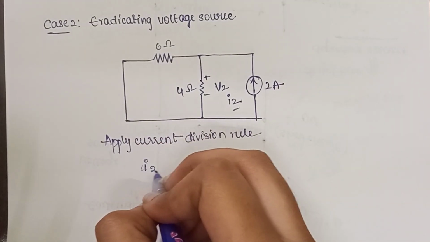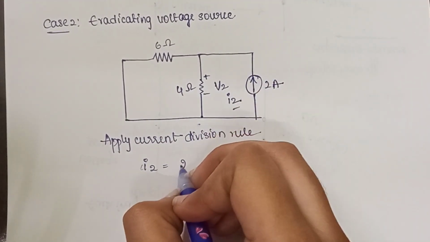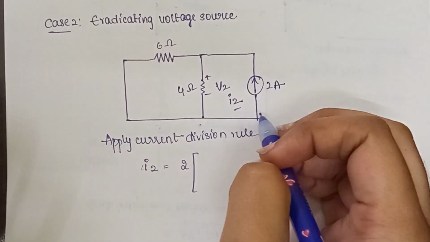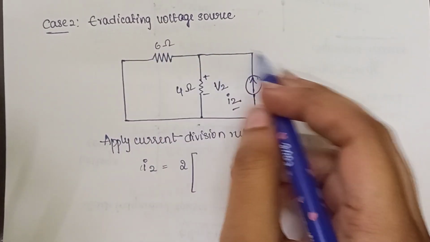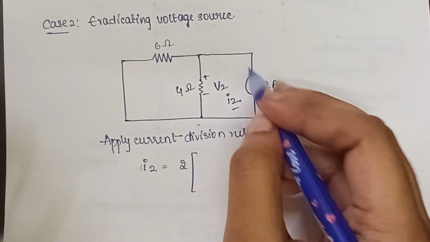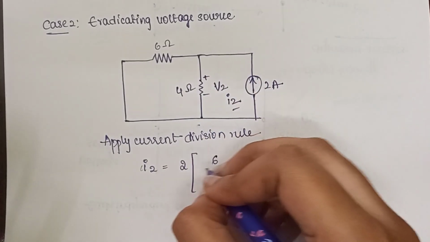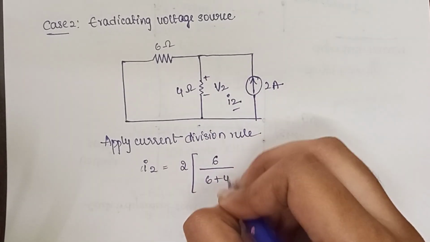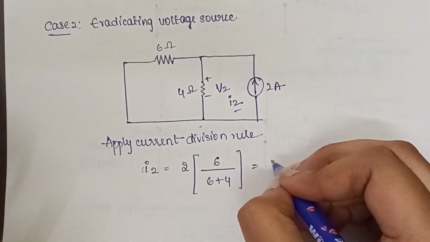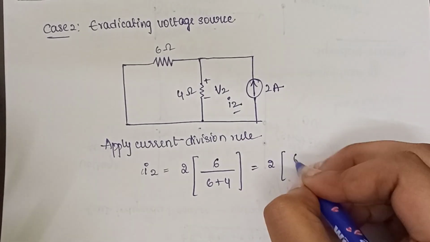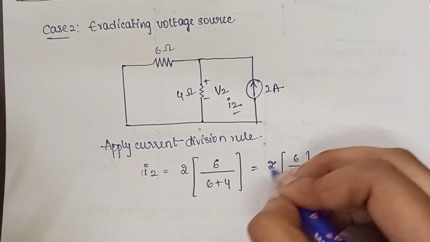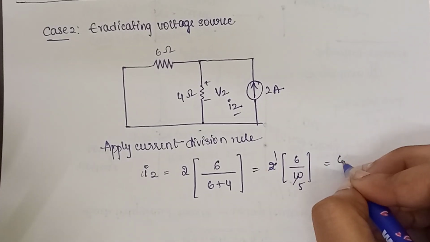So your I2 will be, the current entering is 2 amperes, and how is it flowing? It is flowing through this particular resistor and then again into this loop. So first you will have 6 ohms by 6 plus 4. Total resistance you are calculating. So 2 into 6 by 10. So you will get 6 by 5 amperes of current.